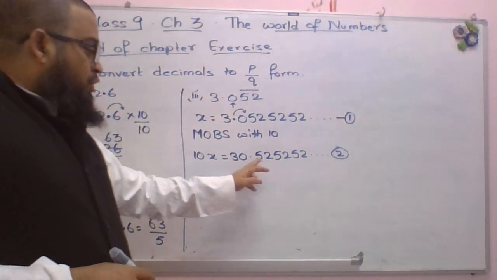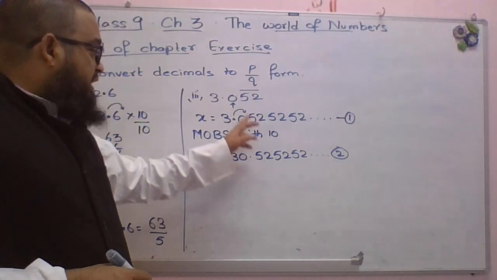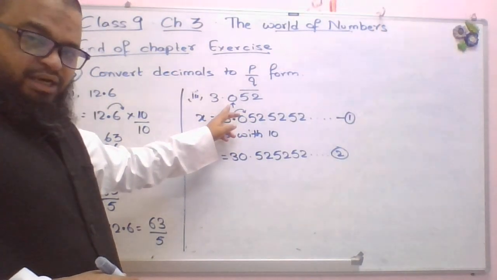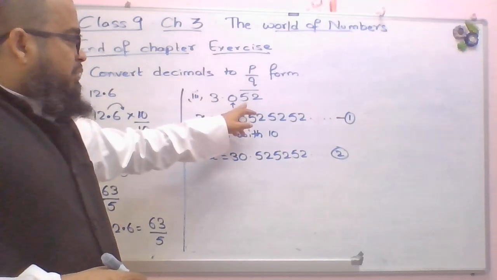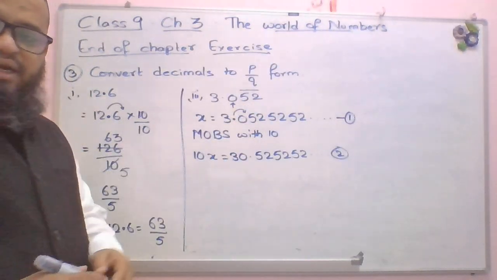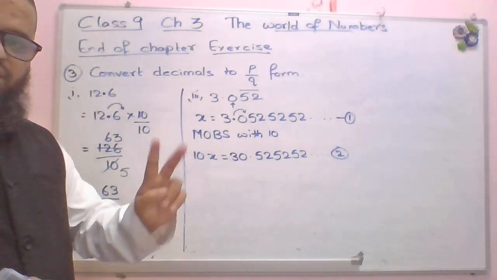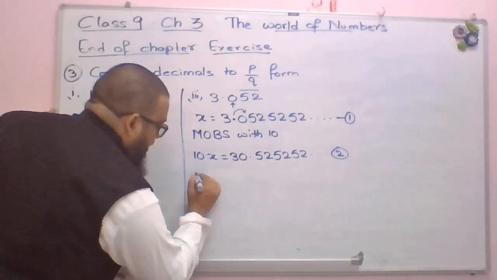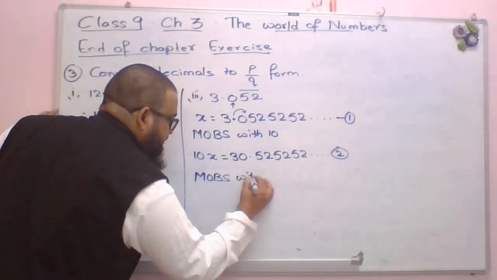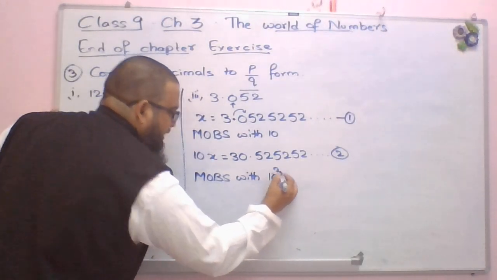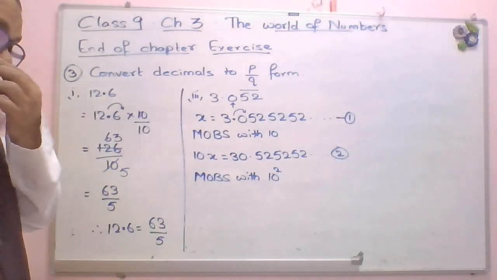So what to do here? Now the non-recurring part is 1 decimal. So therefore we have multiplied with 10. Now how many decimals are there in recurring part? 2 decimals. So therefore multiply on both sides with 10 square. So what is 10 square? 100.